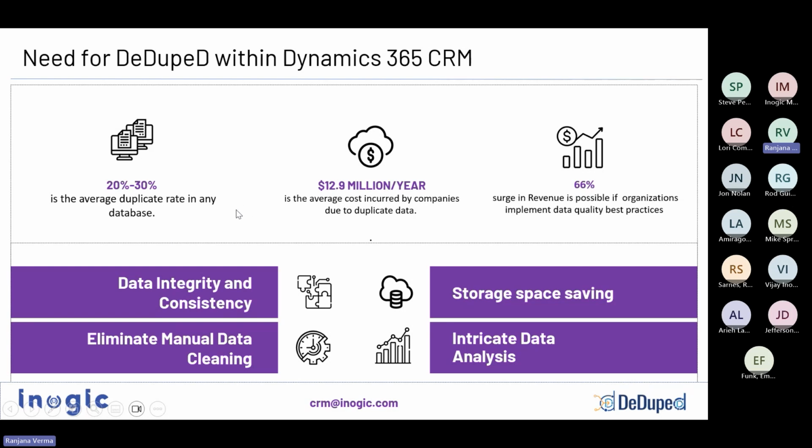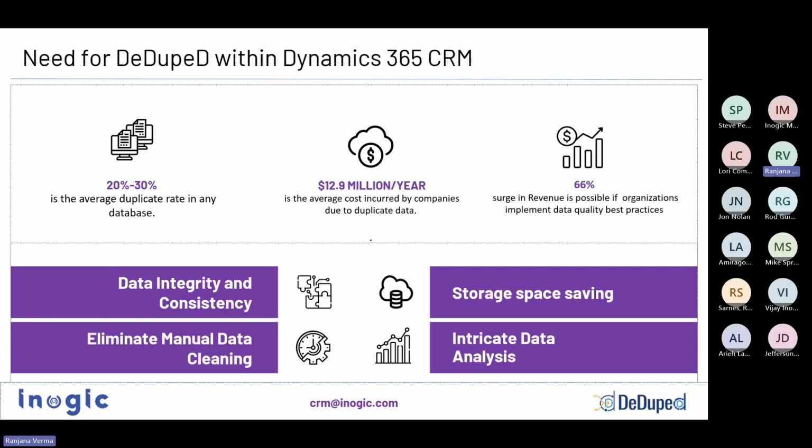That not only affects the quality of your data, the integrity and consistency, but it also occupies certain space. And when you are deriving inferences out of it, it may affect your decision making, because the data is not very clear or very accurate, right?